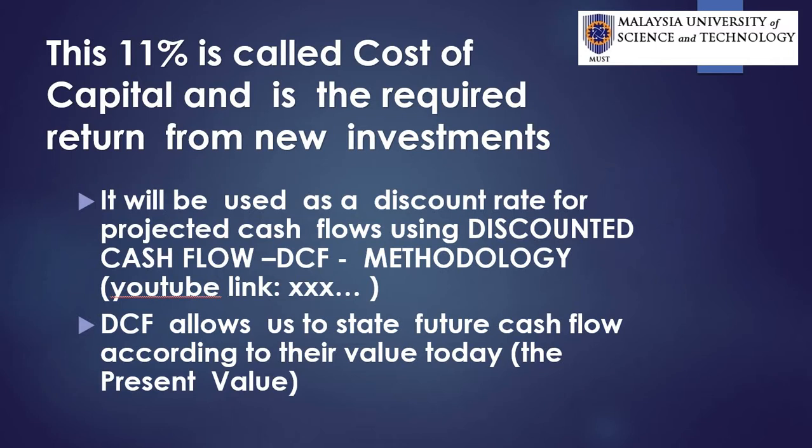So if our required rate of return is 11%, and I say that it costs me an opportunity cost of 11% to put $1 to buy this machine, it costs me 11% required return to buy a fleet of new motor vehicles or to upgrade my computer system or security system, then 11% becomes my benchmark required rate of return. DCF allows me to test whether I am actually achieving this 11% return or not.